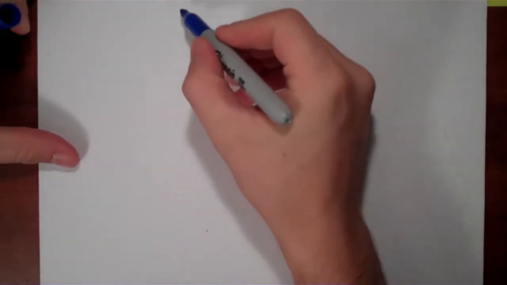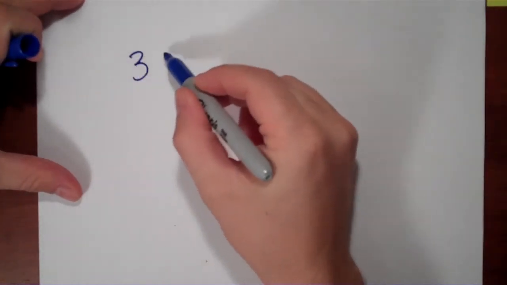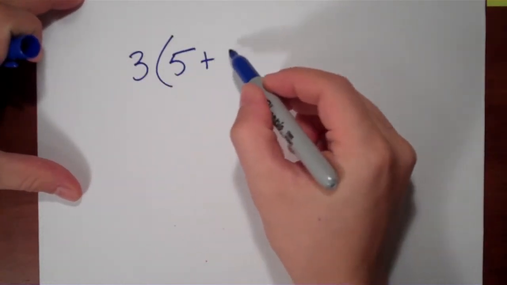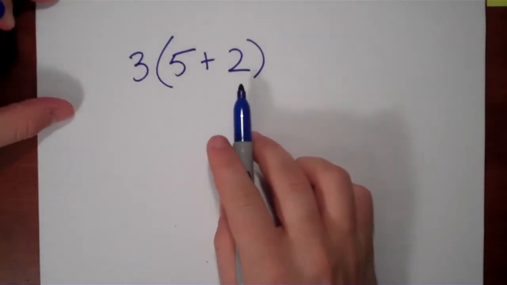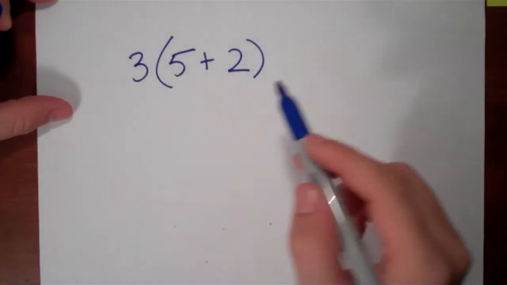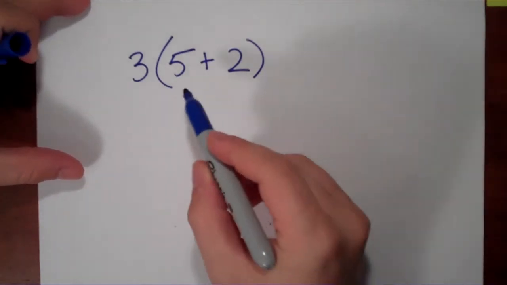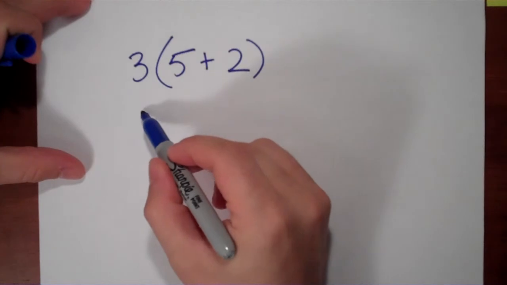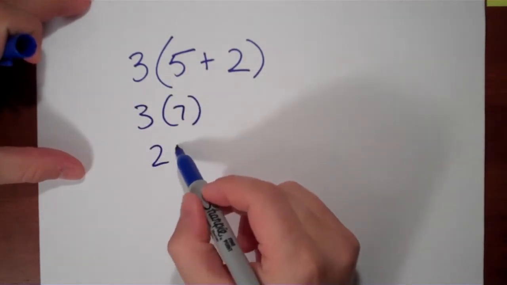Let's say I have the first one on that sheet. It's going to be 3 times 5 plus 2. Normally I would just say, okay, 5 plus 2 is 7, so we could do 3 times 7, a total of 21.